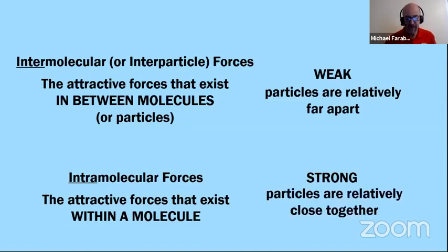So for example, if I just draw a simple diatomic molecule, and then I draw another one, I could talk about the attractive force between these molecules. So when I say far apart, that's what I mean. But if I am talking about the attractive force within the molecule, the covalent bond that holds the atom together, that is much stronger than an intermolecular force.